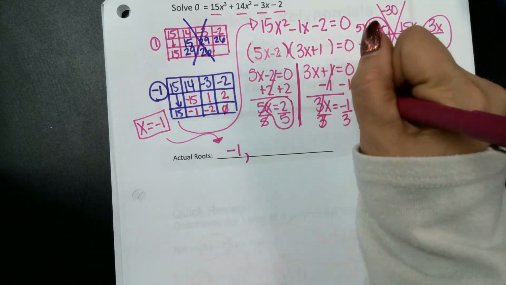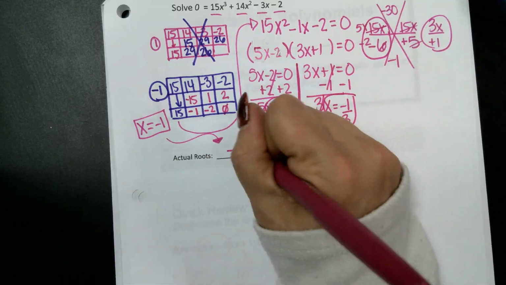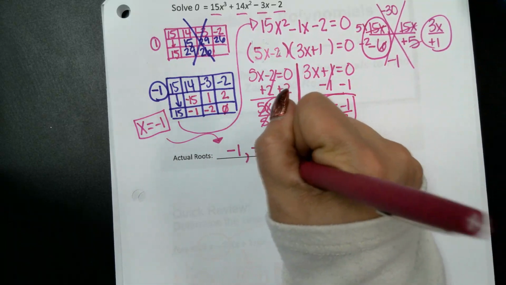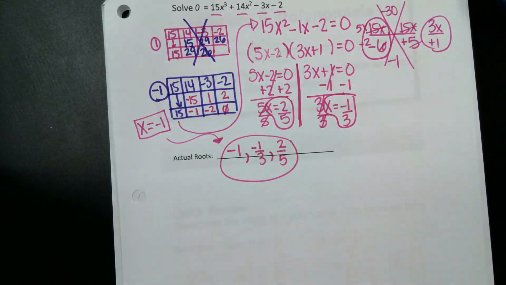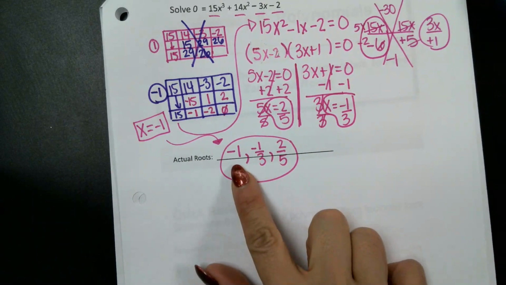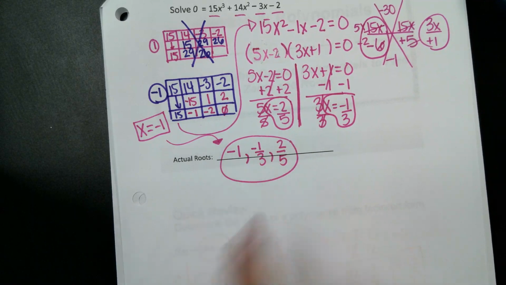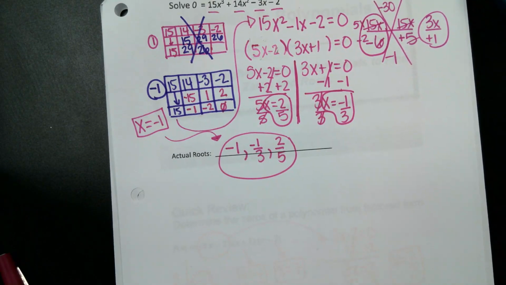So it looks like our last one is negative 1/3. So you've got negative 1, negative 1/3, and 2/5. Those are your actual roots to the problem. Woohoo!